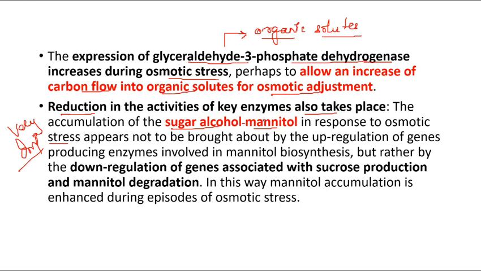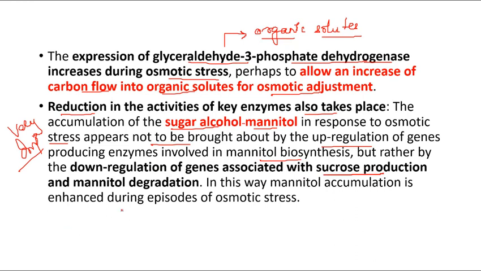So this is not true. What actually happens is that the synthesis of mannitol is not brought about by the upregulation of genes which are responsible for mannitol biosynthesis, but rather by the down-regulation of genes associated with sucrose production.